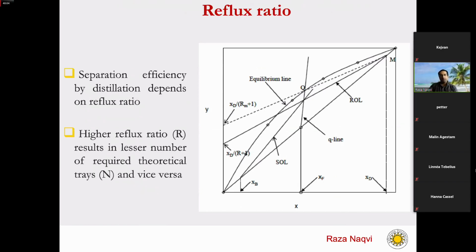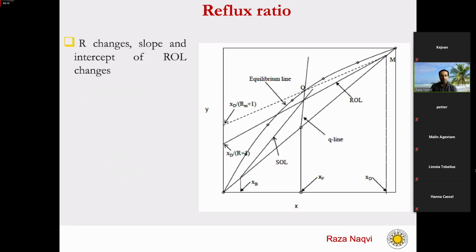So separation efficiency by distillation depends on the reflux ratio. The higher the reflux ratio, the lesser the number of required plates, and it will be vice versa. And R will be changing with respect to the slope of the operating line for the rectifying section.